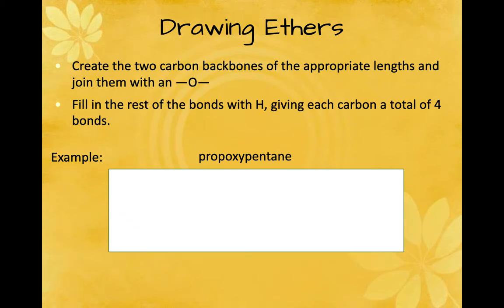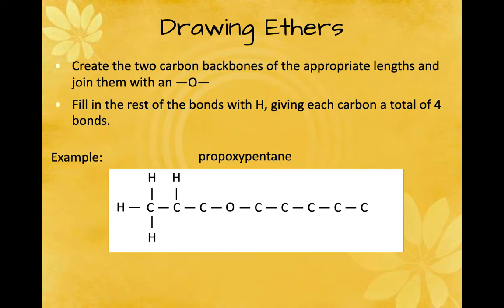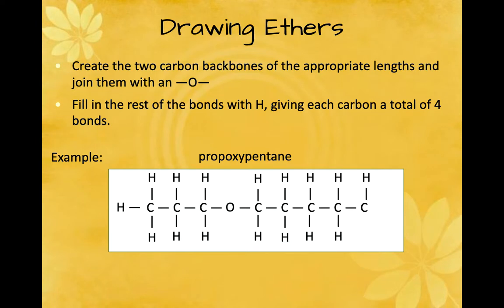The prop part at the beginning tells us that we have a carbon chain which has 3 carbons, and the pent tells us the other side has 5, and then we need that oxygen in the middle. Then we fill in all those hydrogens so that all our carbons have 4 bonds. And there we have propoxypentane.